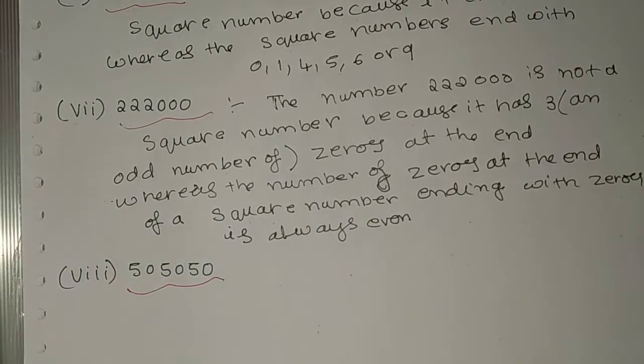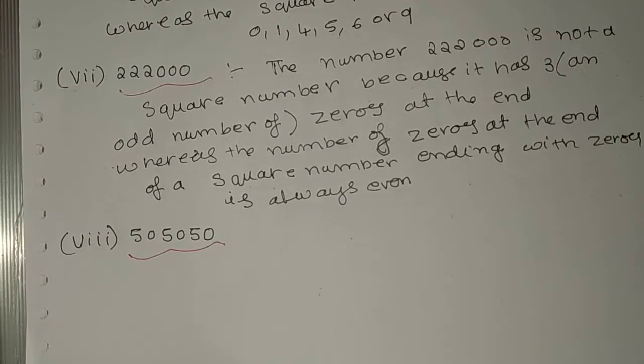So here also we have an odd number of zeros, so the number is not a perfect square.